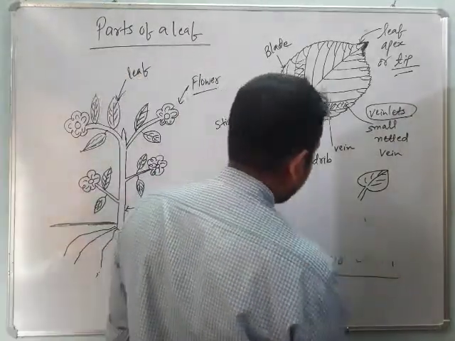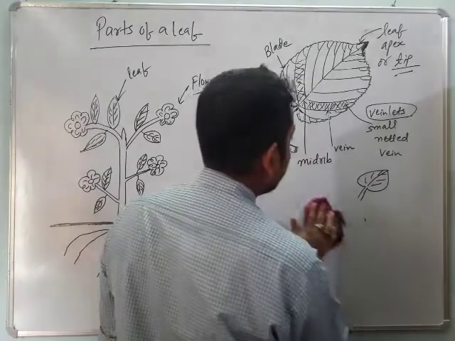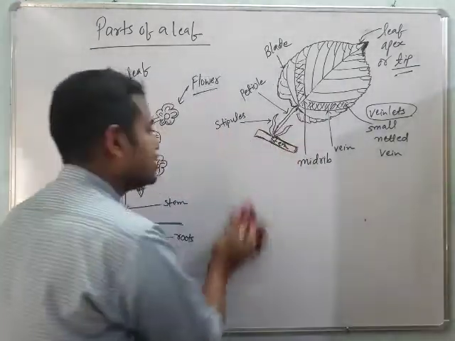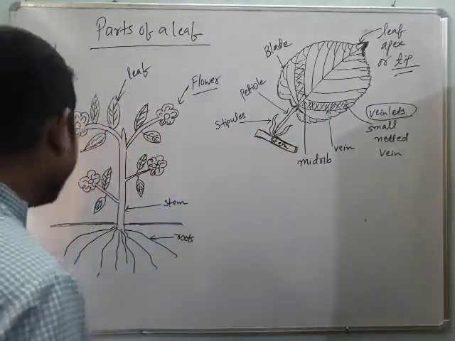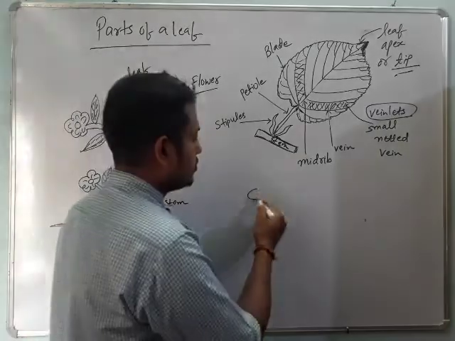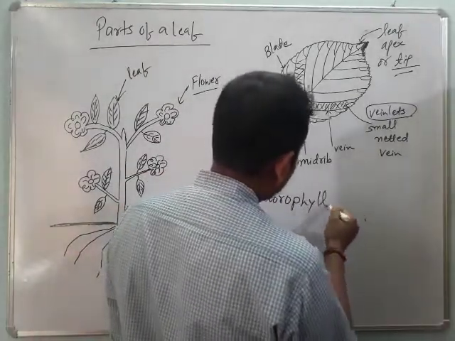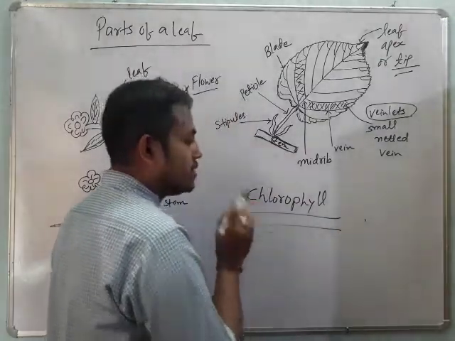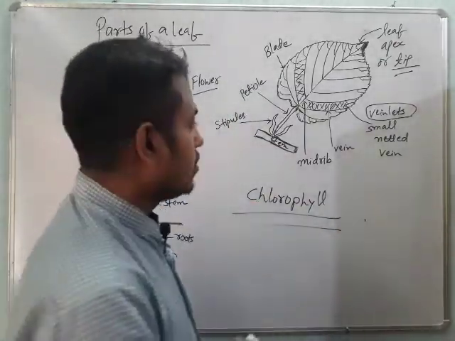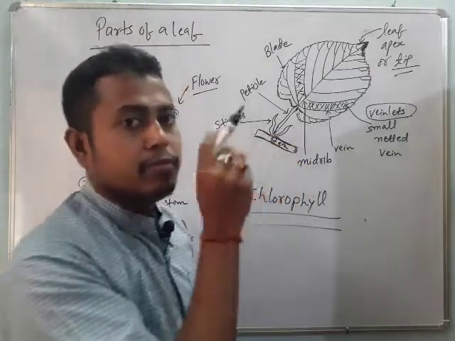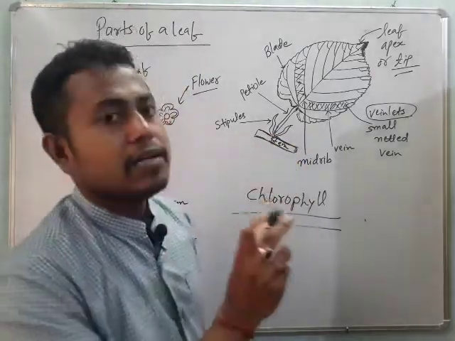Okay, what is the name of that pigment? That pigment name is chlorophyll. Don't forget these things. Because of this green pigment, the mostly found leaves are green.